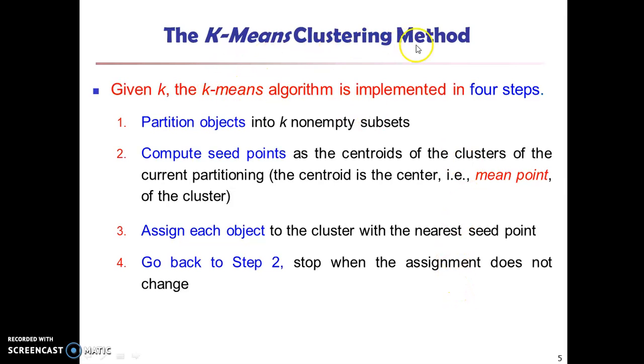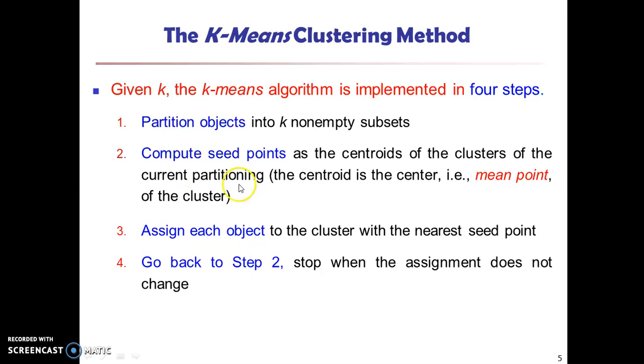Now, the K-means clustering method is a partition algorithm. It can be implemented in 4 steps. The first step, partition objects. Here, the objects can be partitioned into K non-empty subsets. This is the first step. And second step, compute seed points as the centroid of the clusters of the current partitioning.